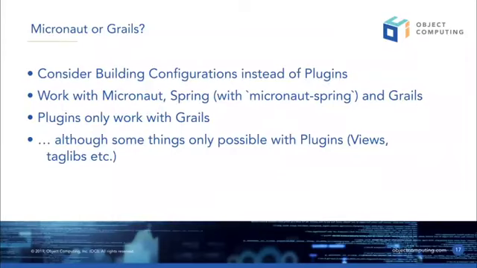One of them is views, like if you have GSPs in your plugin, Micronaut doesn't support GSPs, so you couldn't have those. Same thing with tag libs or JSON views, right? So there are some things that could only really live in a plugin, but most things can be just a regular Micronaut configuration.